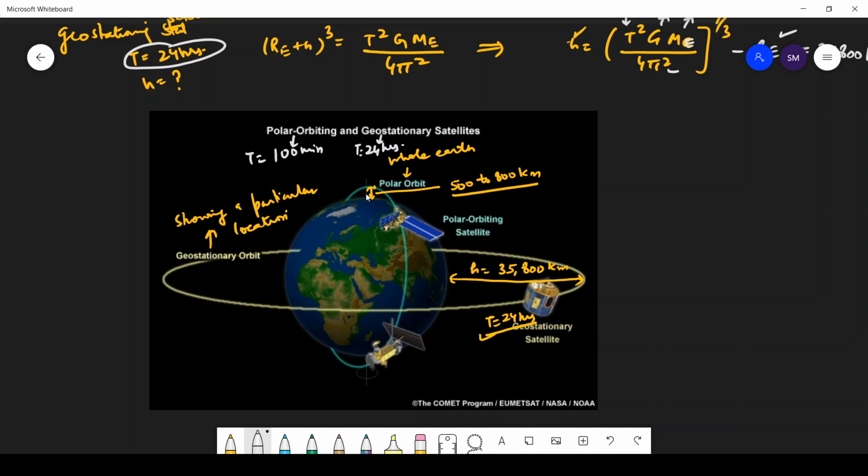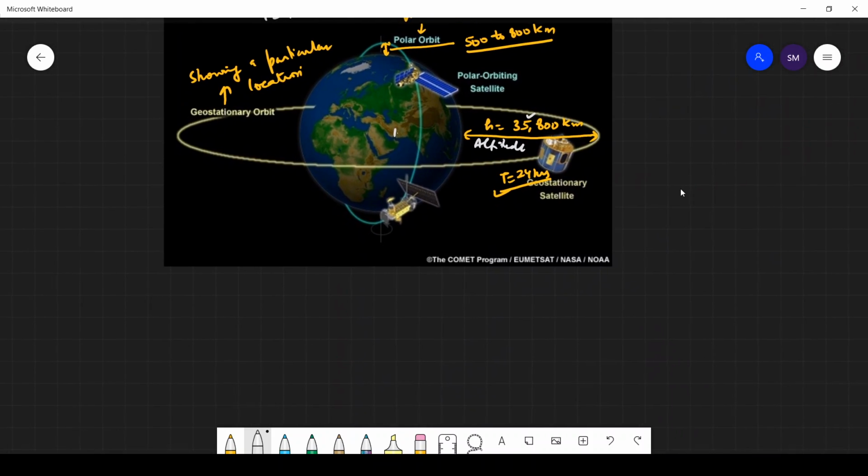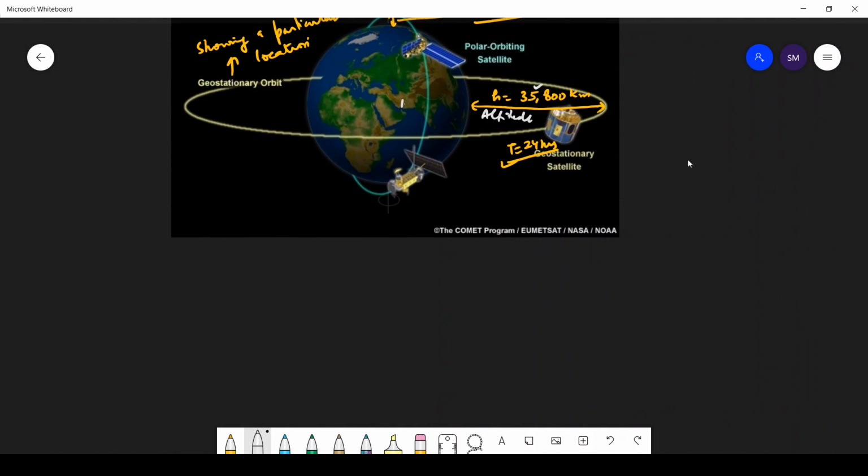And their orbital radius, we have just calculated, is Re plus h. This is your orbital radius and this is your altitude. For the geostationary satellites, the altitude is 35,800 kilometers. Okay, you can read the theory from the book, students. And the figure is also given of the polar satellite.